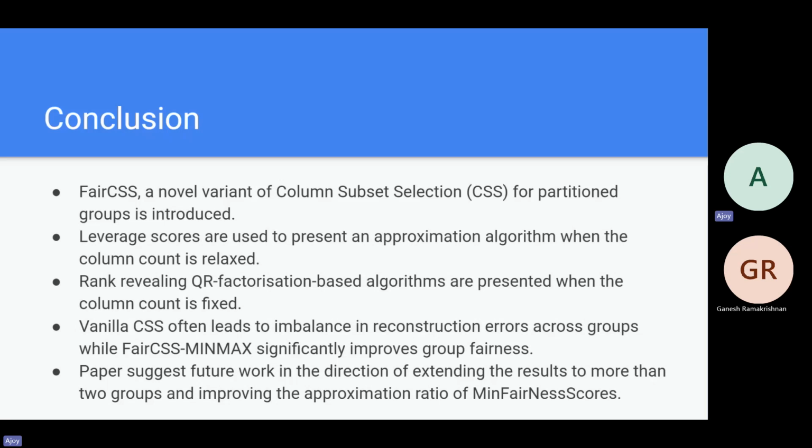Even for the reconstruction error, it might be slightly higher than the optimum value, but it performs better in terms of fairness. For A and B, it would be balanced. It also suggests future work that we are also discussing, that we can get more than 2 groups. It says that, but it is not discussed in this paper. It is for future work.